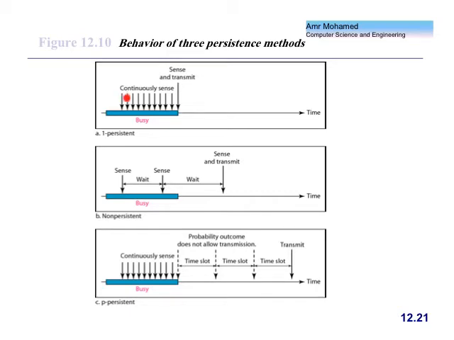Continuously, with very narrow time, I'm trying to sense the first instant when the channel is idle. Once the channel is idle, I will send right away. This is what we call one persistent. One persistent means that you are very persistent in the way you sense, and once you find that the channel is idle, you send right away.